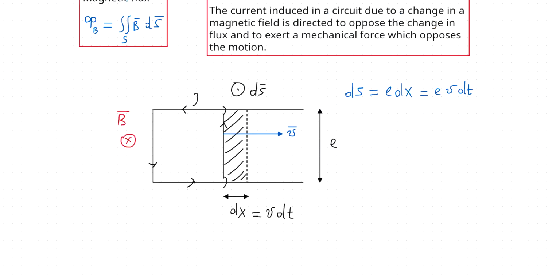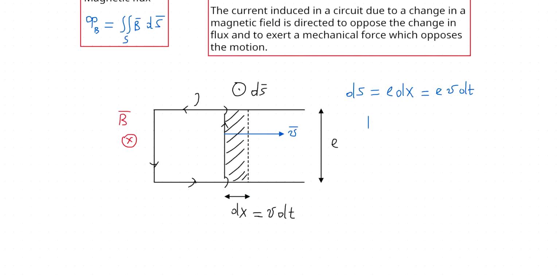And this means that, according to the picture, as we can see, vector B is directed in opposite direction to dS.